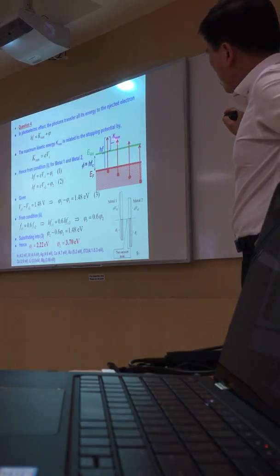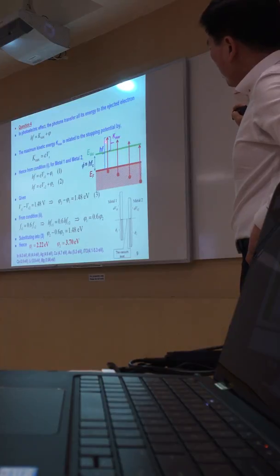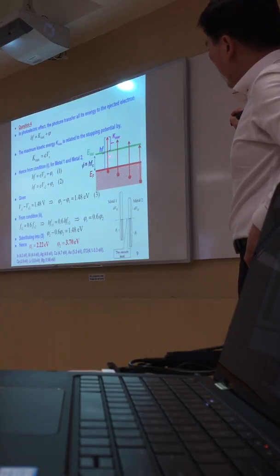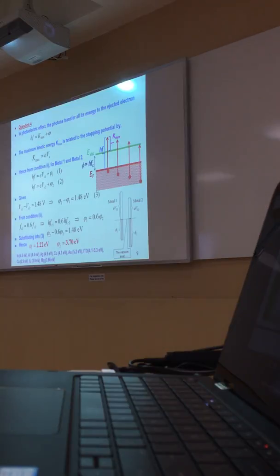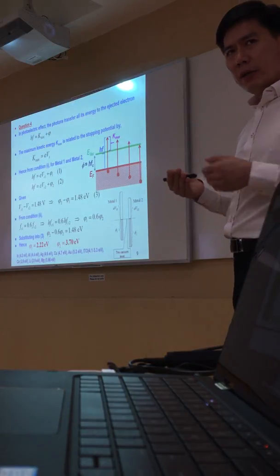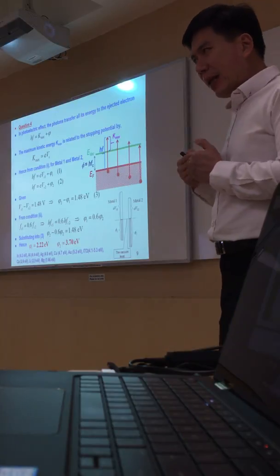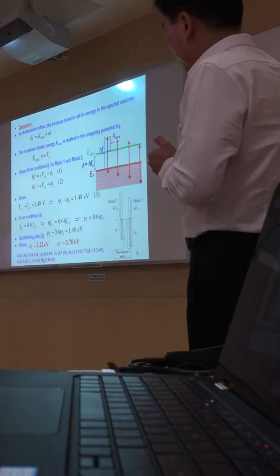Now from this transition, we can write one equation. Photon energy must be equal to the work function plus K max. And the maximum kinetic energy can be measured in the experiment by applying a decelerating potential. You apply a decelerating potential until you don't detect electrons anymore. So that potential, when it happens, is called the stopping potential.